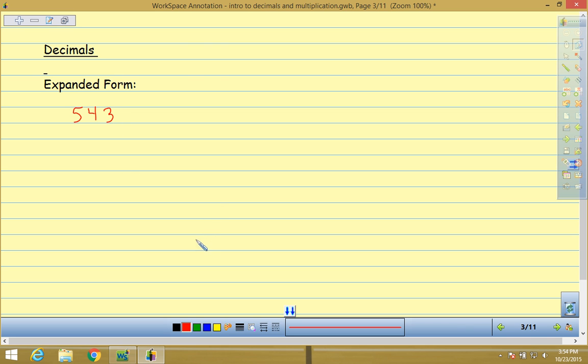And maybe your teacher last year said, okay, I need you to write this in expanded form. Well, what that means is you're looking at each individual place value. So here, this would be 500 plus 40 plus 3. We're expanding that number out.